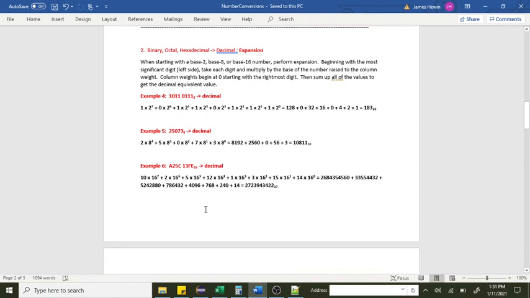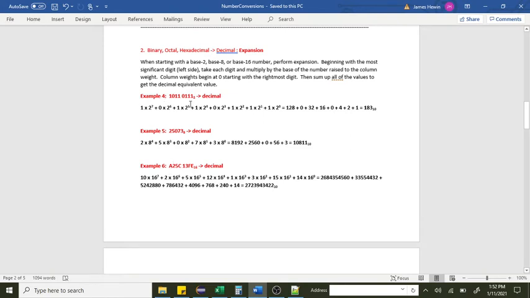You're reading a number from left to right, taking each digit in order, and multiplying it by the base raised to the power of the column weight. And again, all the columns start on the right at column weight 0, and they go all the way up until the end of the number. So this one goes 0, 1, 2, 3. This has column 4, and this has column 7 again.